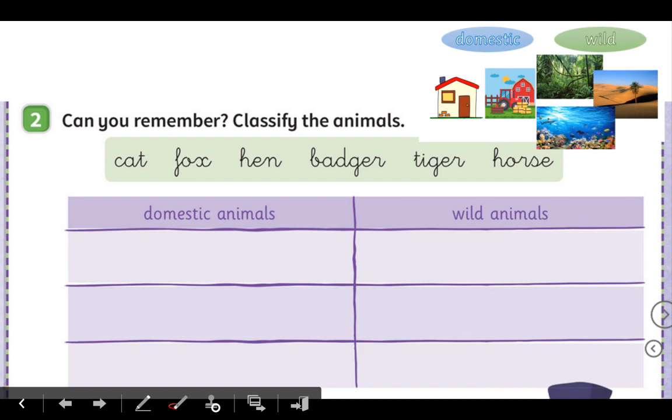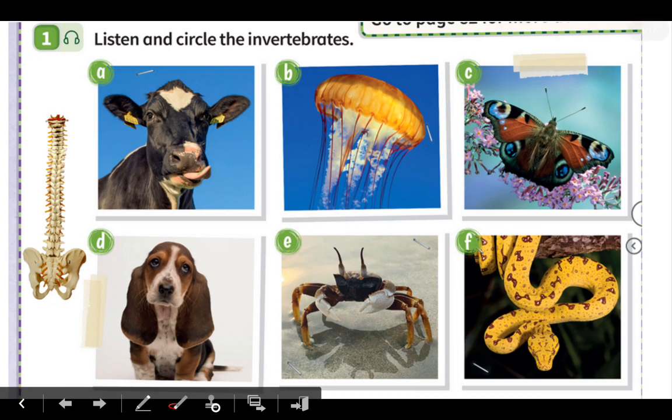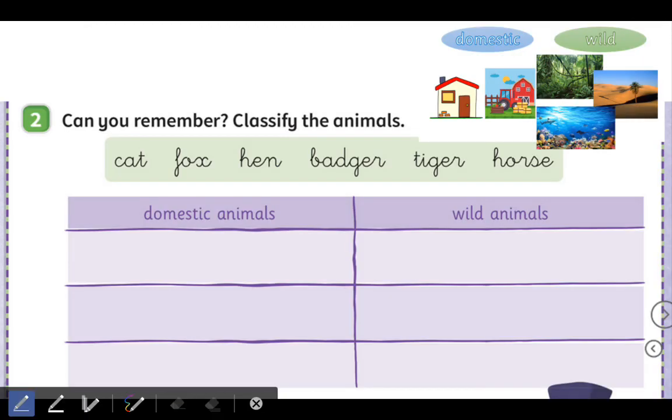And this is the next activity. It says, can you remember? Classify the animals. Okay, let's see the cats. Is the cat a domestic or a wild animal?